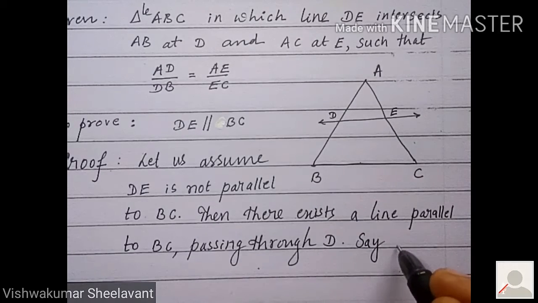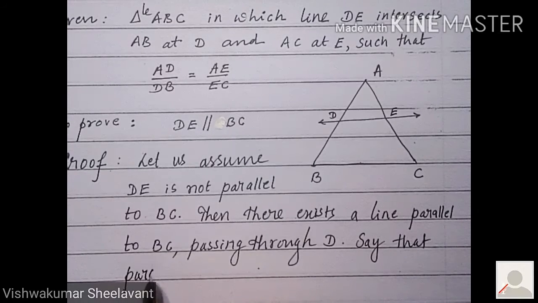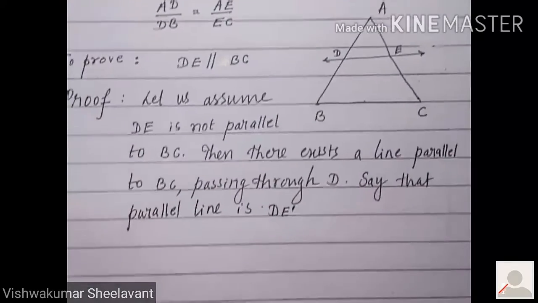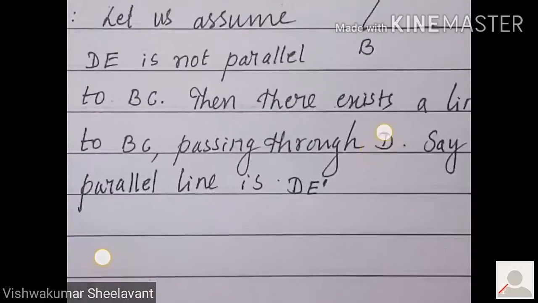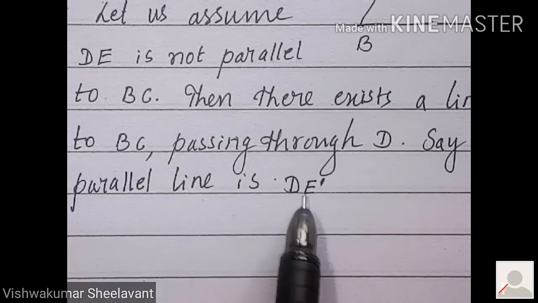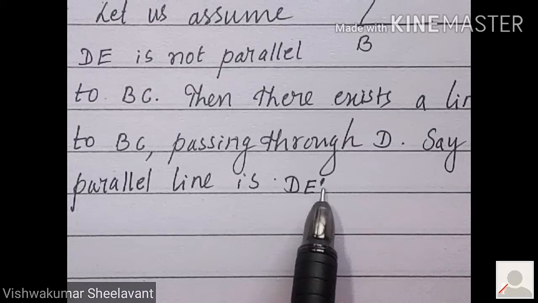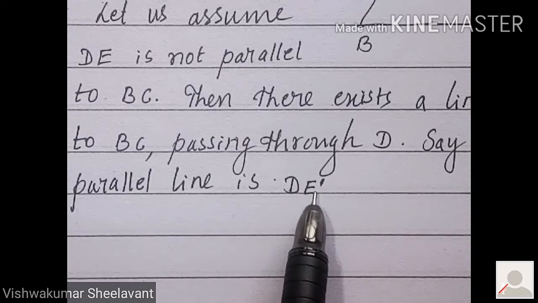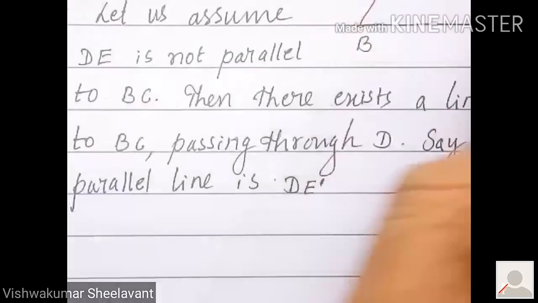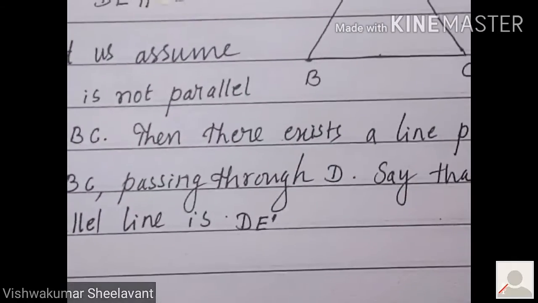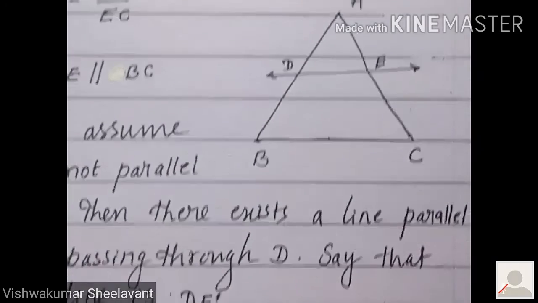Say that parallel line is DE dash. You have to write a dash here. If you forget this, then it will become DE, and DE already exists there. You can't do that. So go back to the figure now.